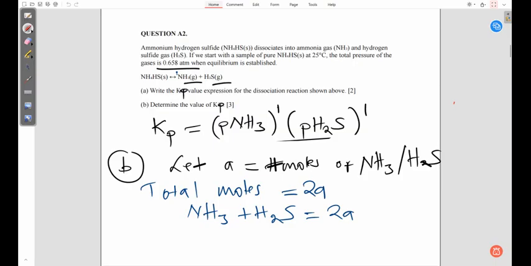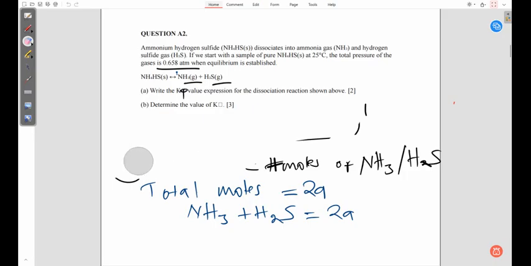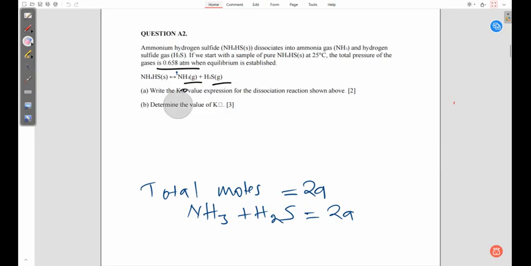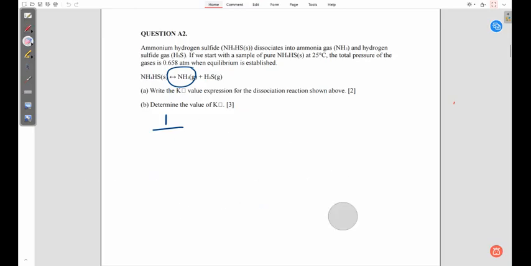And then you can now find the partial pressure of each. If we look at ammonia, the partial pressure of ammonia is basically 1 over the total. Let's just forget about the A, it's unnecessary. The total number of moles we have for the gases is 1 plus 1, so the total number of moles is basically equal to 2.